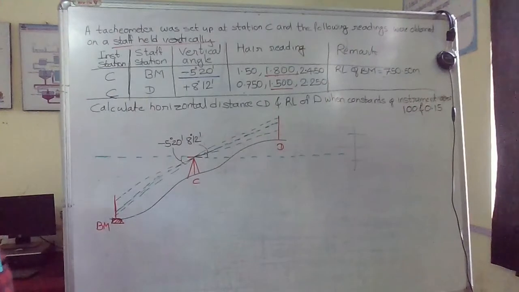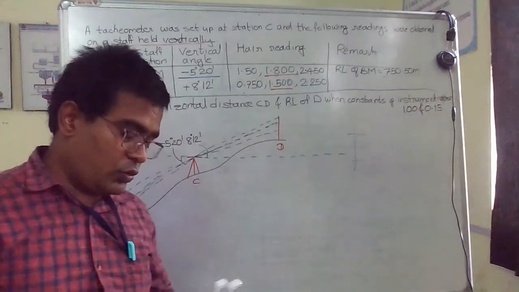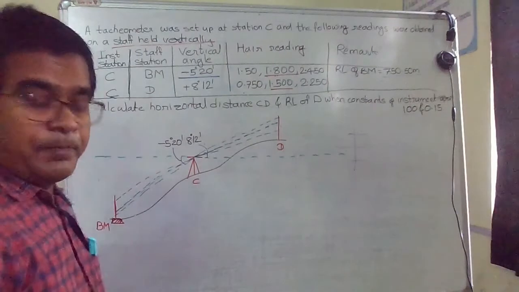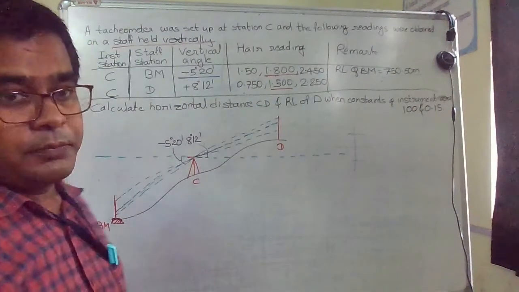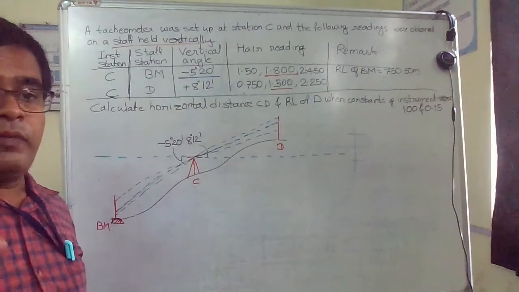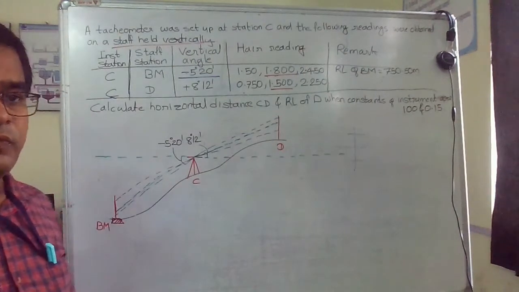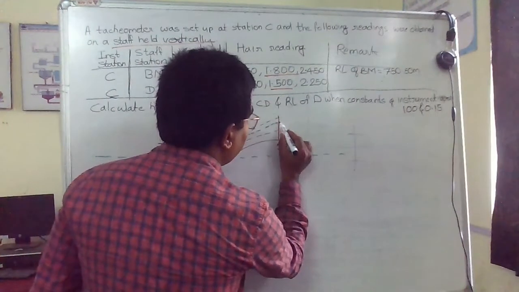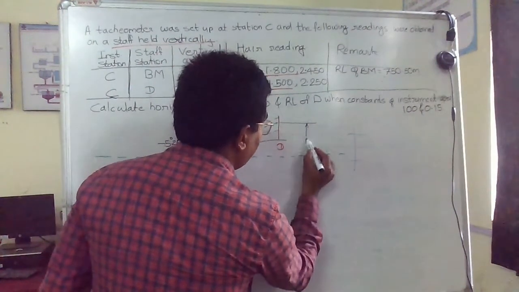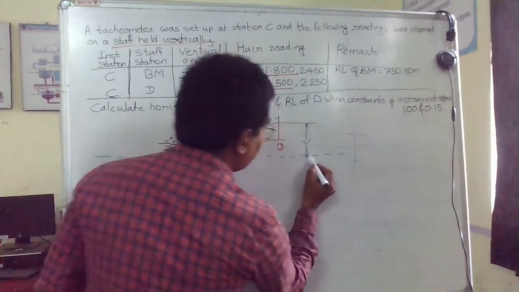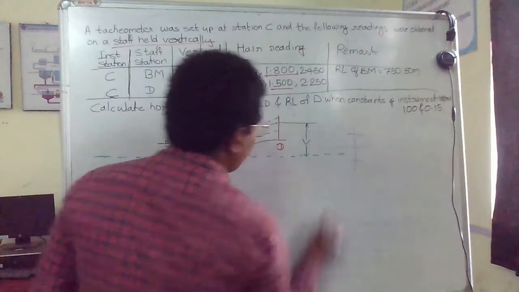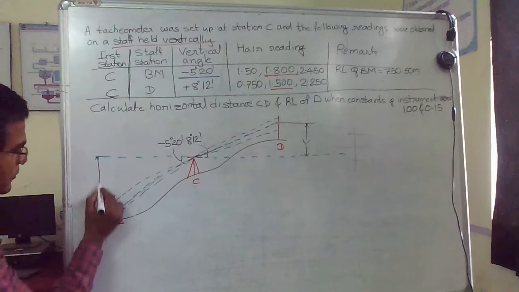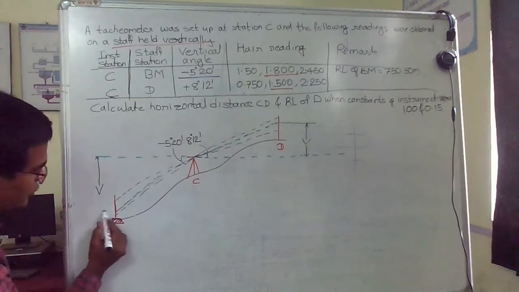Now again we have to see where is the H and where is the V. That is important. Now what is V? V is the vertical distance when the line of sight is horizontal and when the line of sight is inclined. V is important. Here it is V for this setup of the instrument, and for here V is up to the central crosshair reading.